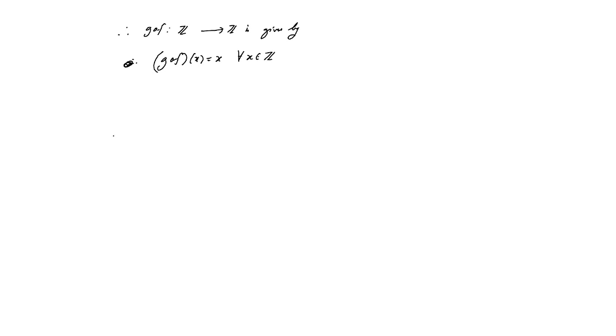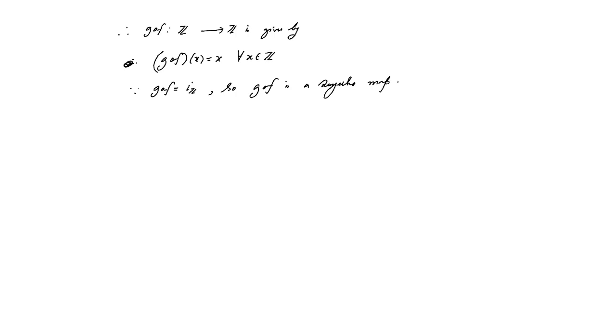Since g composed f is the identity mapping on Z, and the identity mapping is surjective, g composed f is a surjective mapping.